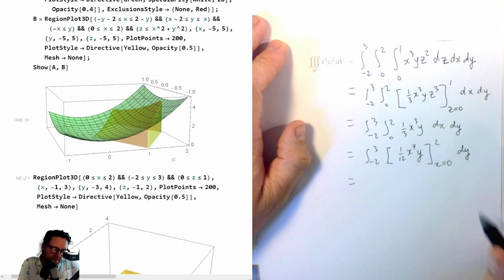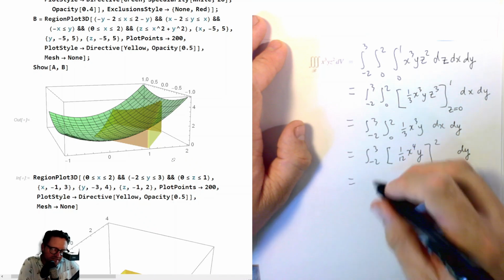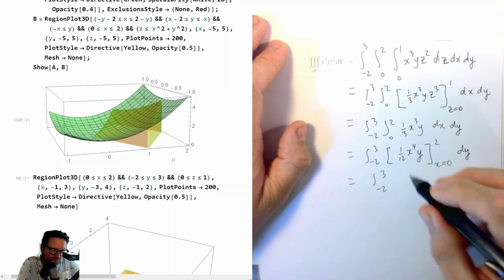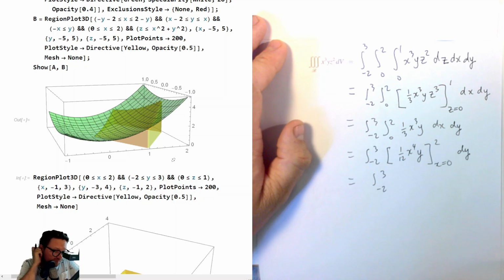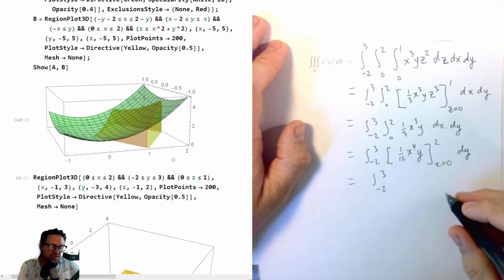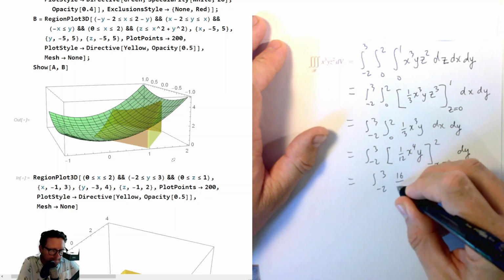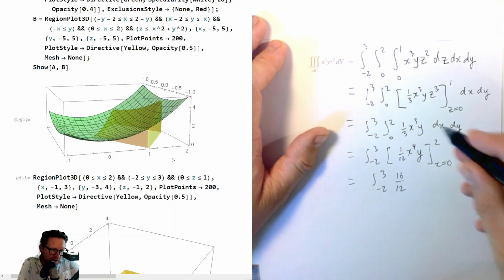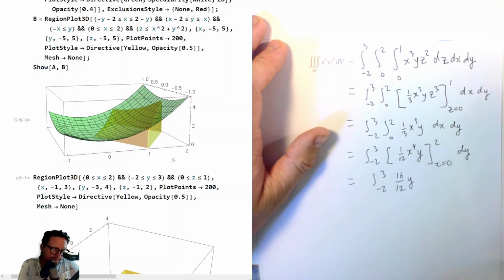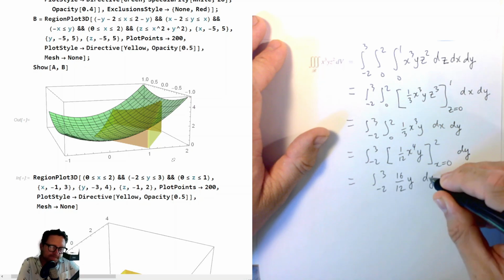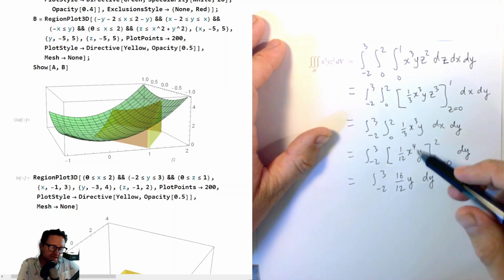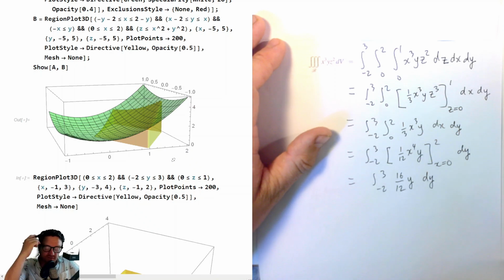And now we've got to sub in x is 2 and x is 0, take a difference. So 2 to the power of 4 is 16. So 16/12, and then times y. Okay, so 16/12 is 4/3.